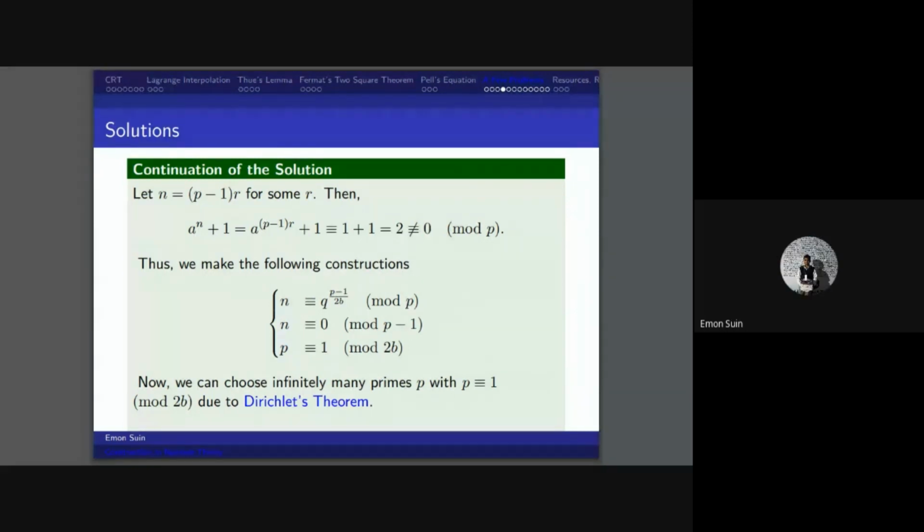Understood, right? So if the Dirichlet theorem is clear, can anyone say why this will hold? It's also an easy consequence of the Dirichlet theorem. So why does p congruent to 1 mod 2b yield infinitely many primes p?